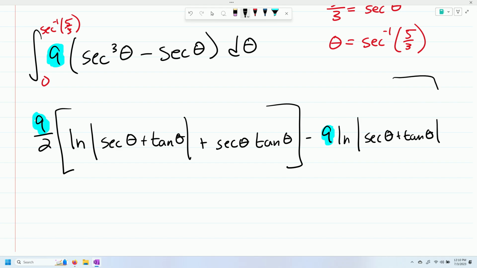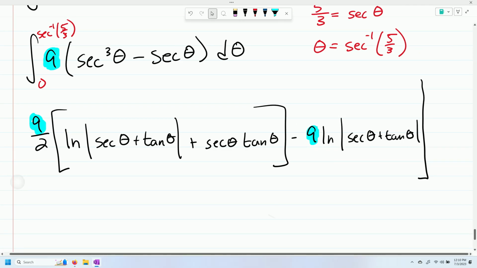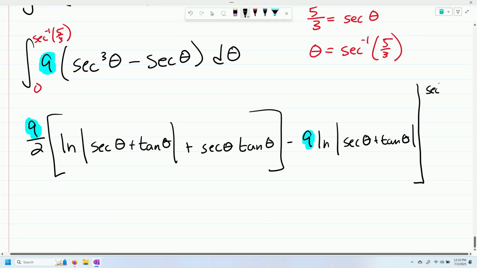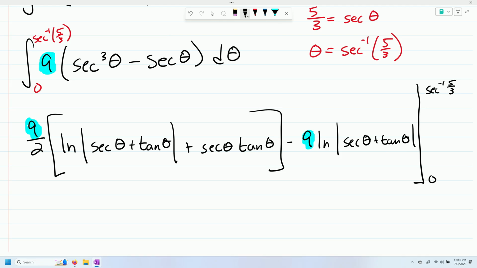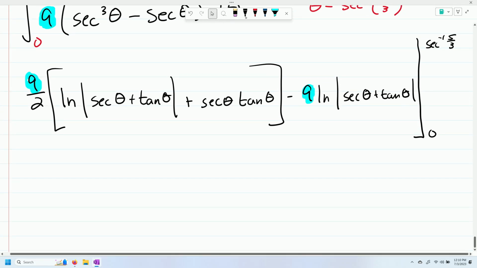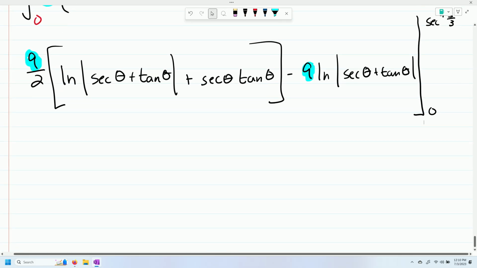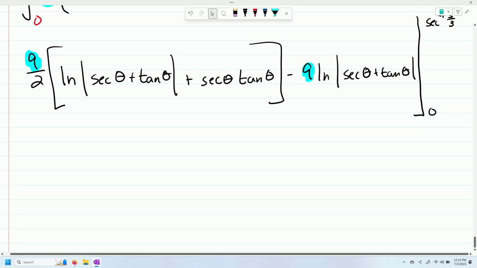And all of this will be evaluated between secant inverse of 5 over 3 and 0. So it's not as bad as what you think. All you have to do is make these substitutions. But before we do that, let's simplify as much as we can.